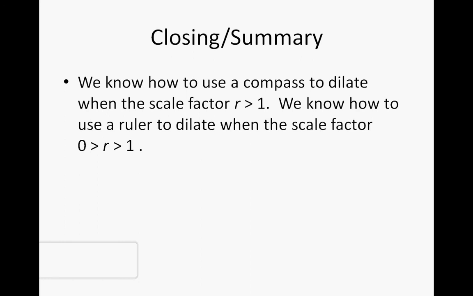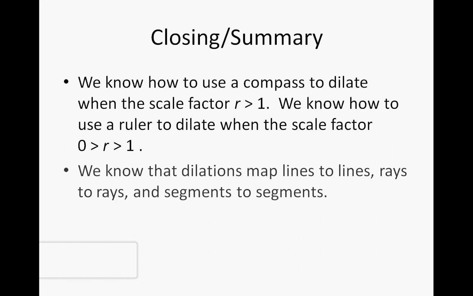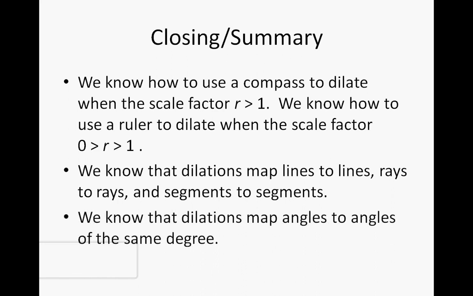We know how to use a ruler to dilate when the scale factor is between 0 and 1. We know that dilations map lines to lines, rays to rays, and segments to segments. And last but not least, we know that dilations map angles to angles of the same degree. All right, that is it for this lesson.